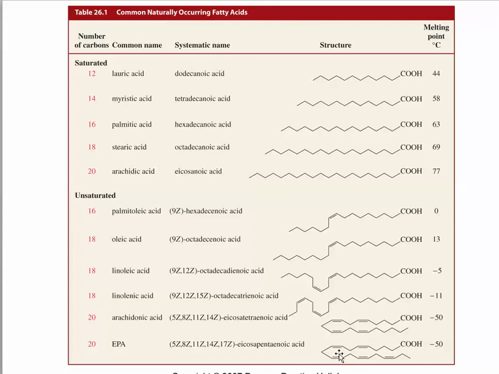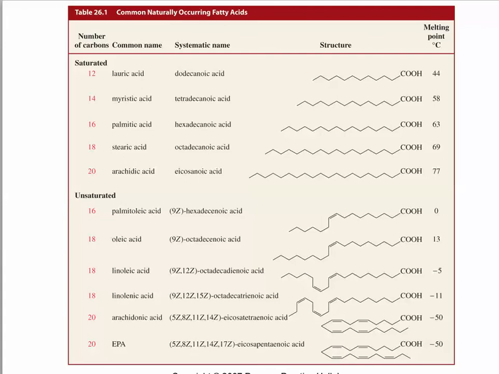What changes with the unsaturated fatty acids, though, is that the more double bonds they have, the more crooked the molecule becomes, and the lower that melting point or boiling point will be. So that is what we call a fatty acid, and there are two different types of fatty acid, saturated and unsaturated.